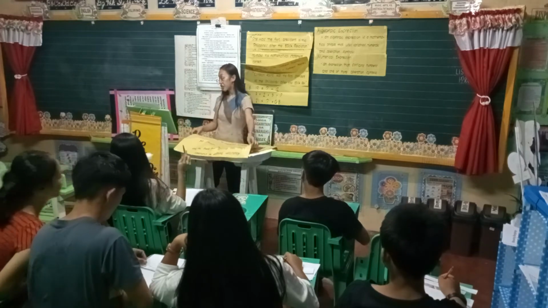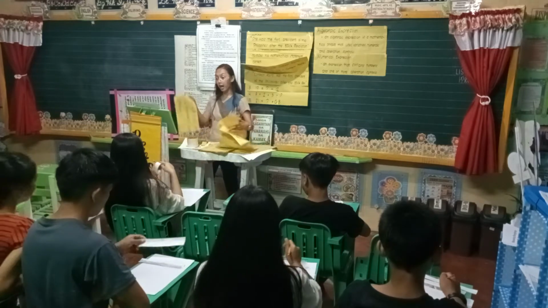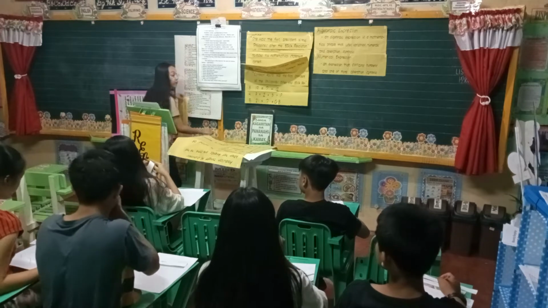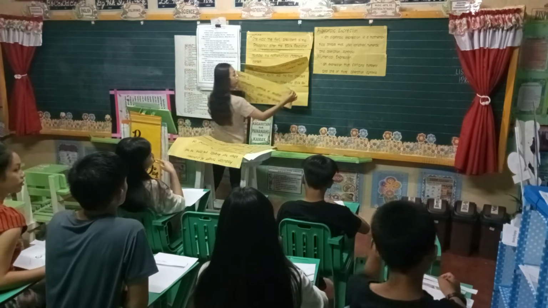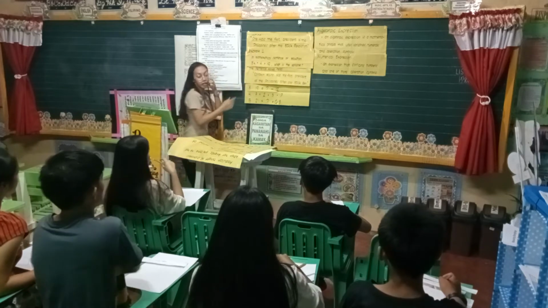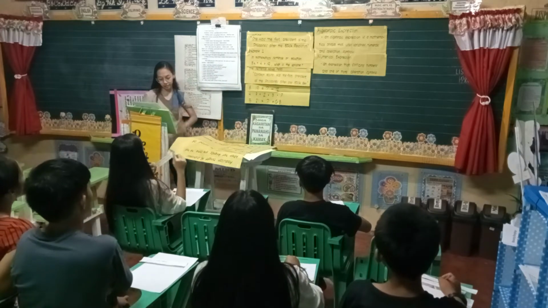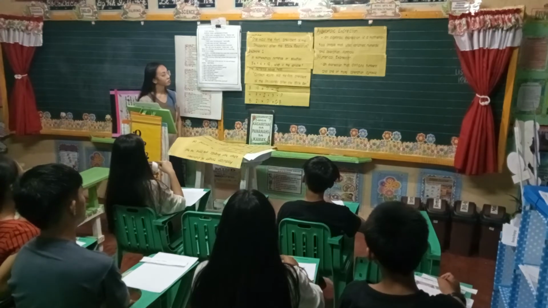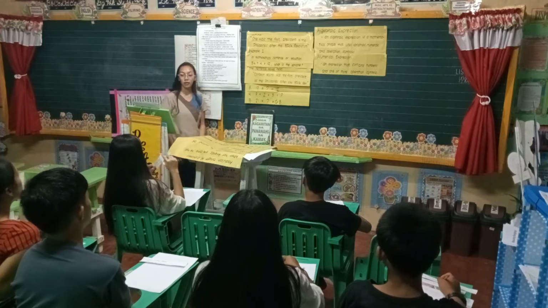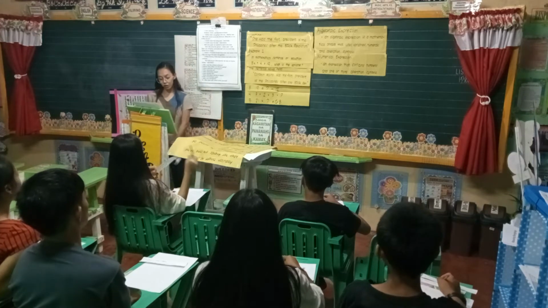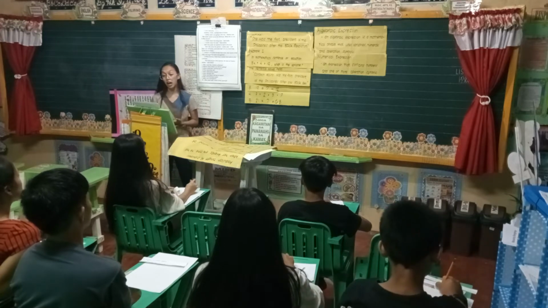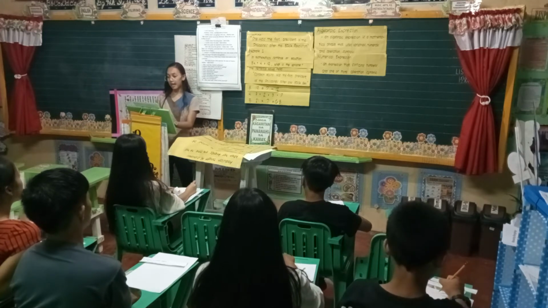Very good. Let's take a look at example number 1. Kindly read, everyone. In the mathematical sentence or equation, 5x plus 4 equals 19, what is the variable? X. Very good. Variable x behaves like she in our example sentence.